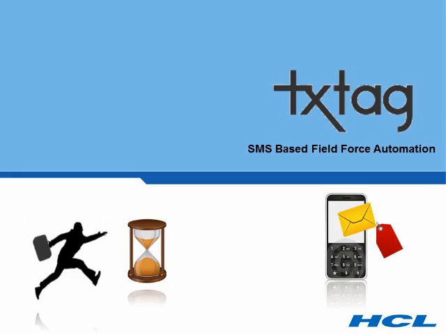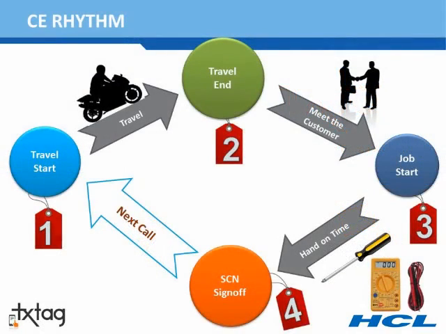So it's a simple system. You have to keep sending SMS, and your SMS time is picked. So it is very important to send the SMS at the right time, not after finishing the journey. If you send a travel start time after finishing the journey, then the entry in the diary becomes wrong. So it requires a lot of discipline.